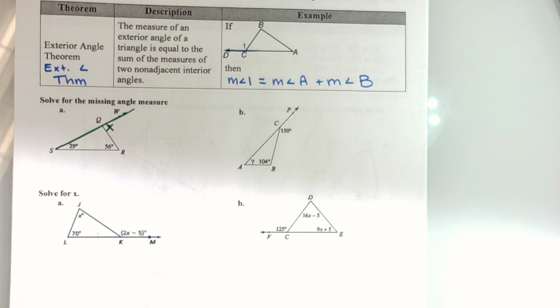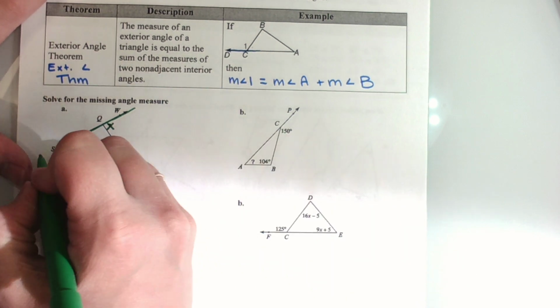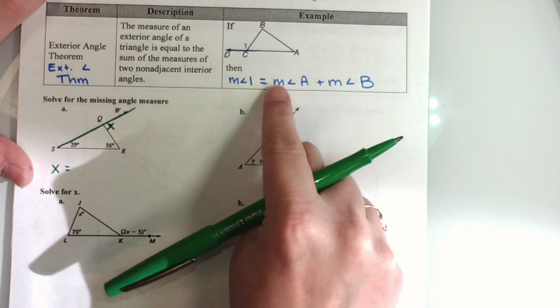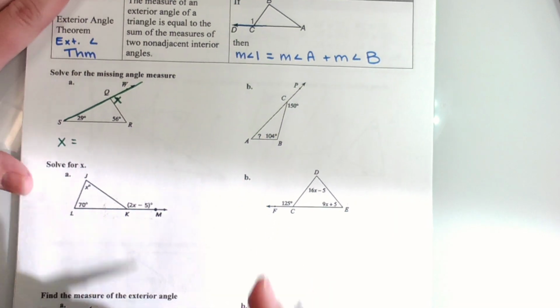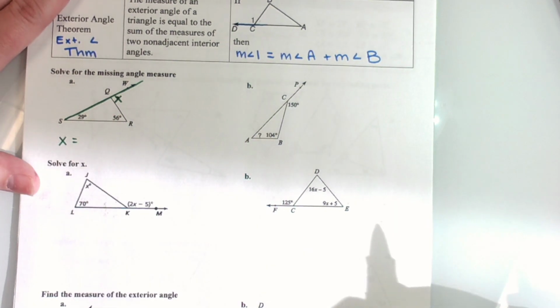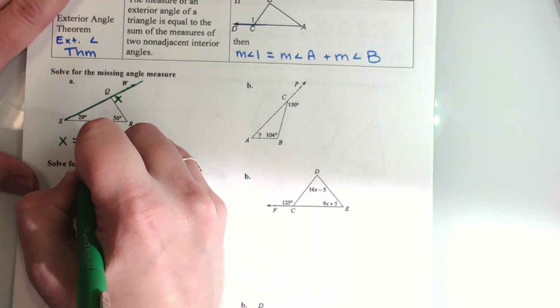Okay. So, that is an exterior angle. And according to this theorem, the exterior angle is the addition of the two angles not right next to it. Now, X is right here. Is the 29-degree angle, one of the interior angles, right next to the exterior or no? No, which means it goes into the equation.